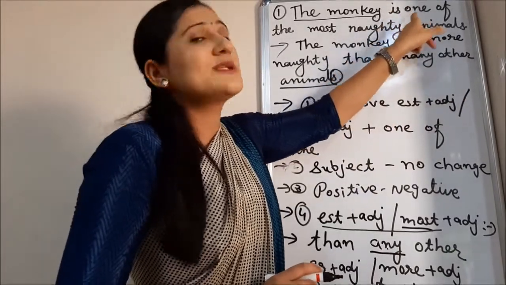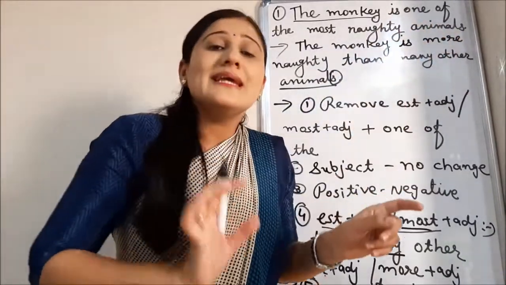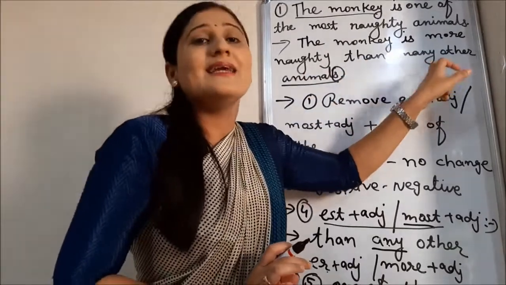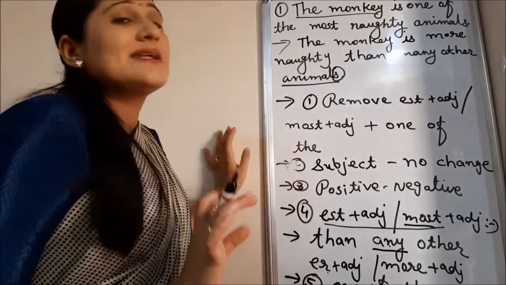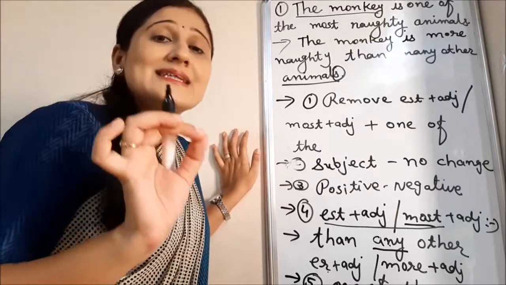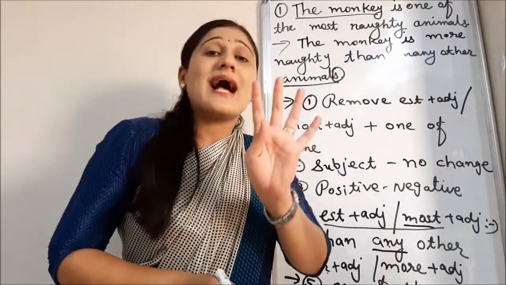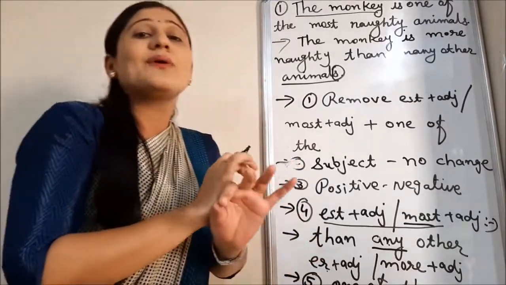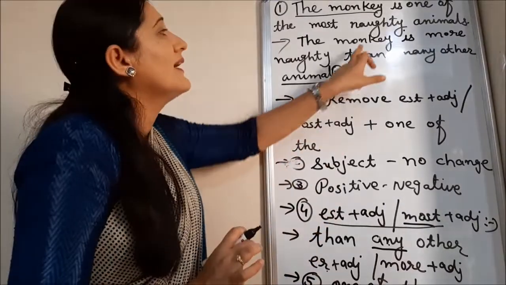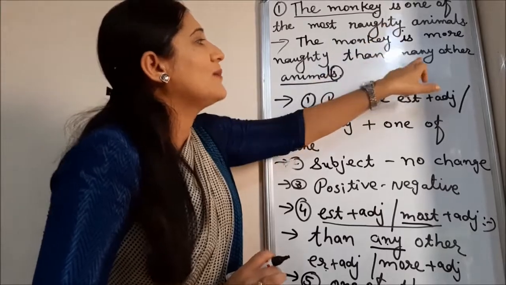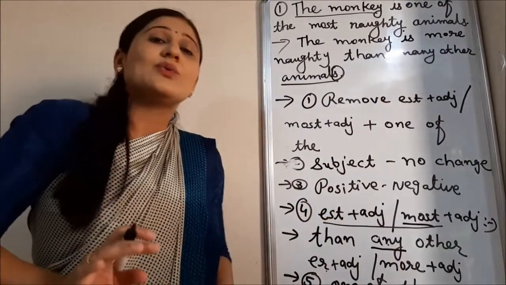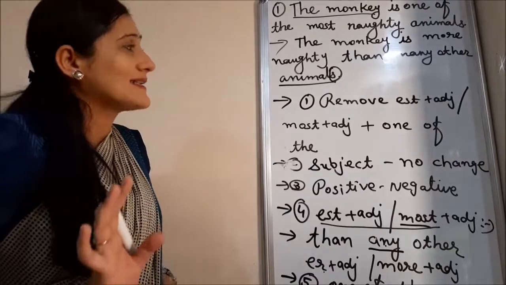If most plus adjective or er plus adjective, then you will use then any other, right? So this is the easiest method out of the 4 SD to CD, because no need to change the subject and only then many other or then any other you need to add, nothing else, right?